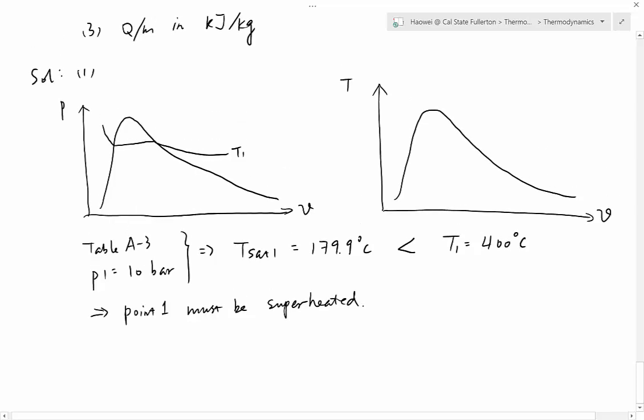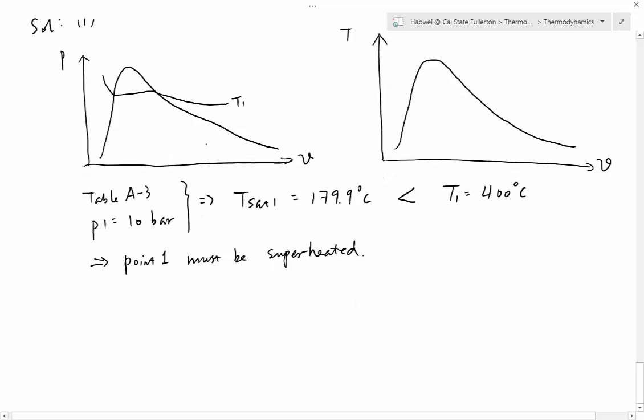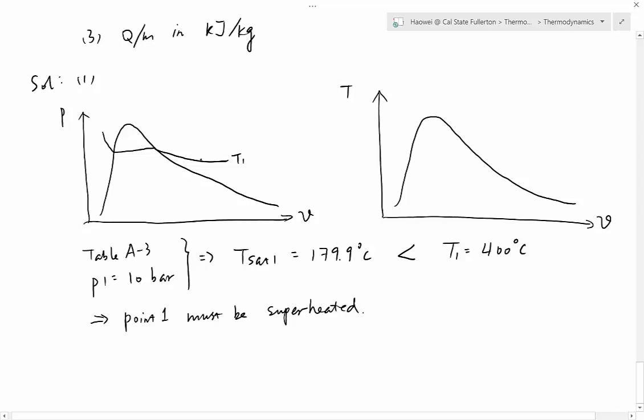Okay, so now we can locate point 1 on P versus nu diagram. It has to be on T1 line, and then it has to be on the right side of the vapor dome. So now we put point 1 somewhere here. This is our point 1 on T1 line, and then to the right side of the vapor dome. Okay, so that's point 1.